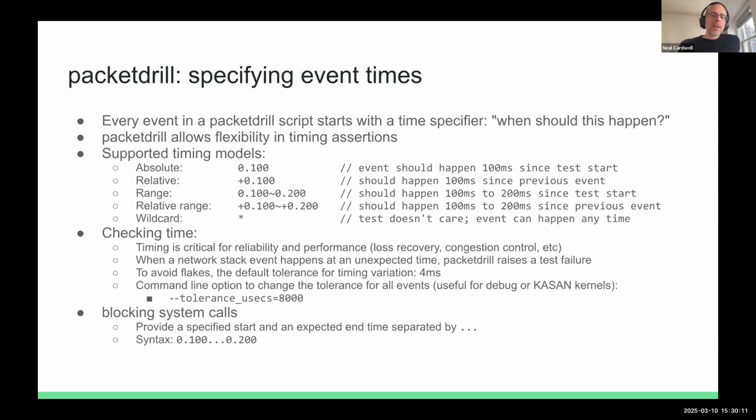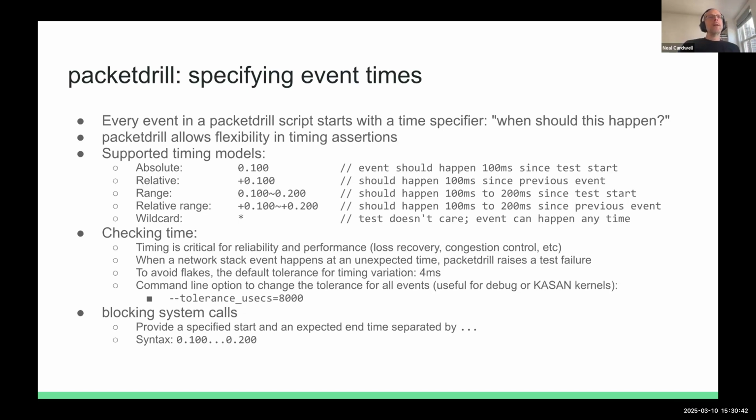And then the way Packetdrill checks time is that for events that the tool itself is doing, it uses that specification to decide when to trigger that event. And for events like outbound packets, where it's checking the behavior of the system under test, it basically checks to see whether the event happened at the expected time. And when an event happens at an unexpected time, Packetdrill raises a test failure.